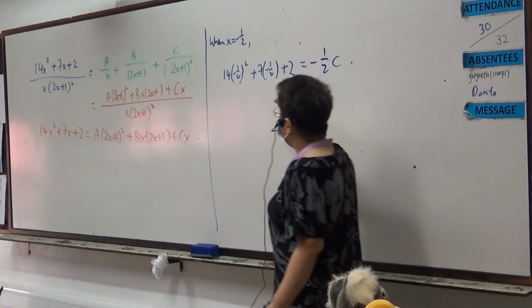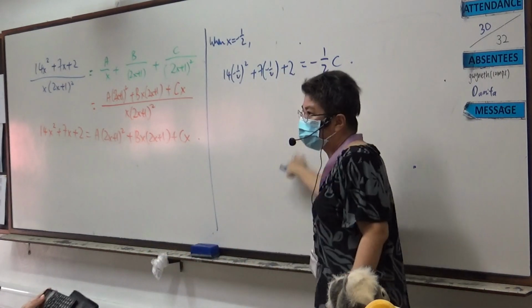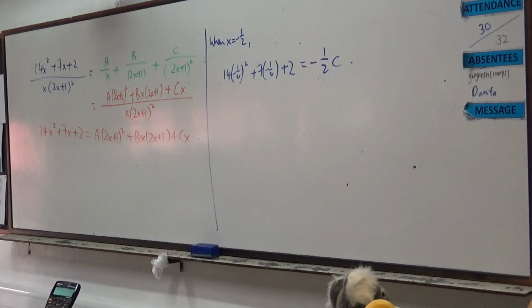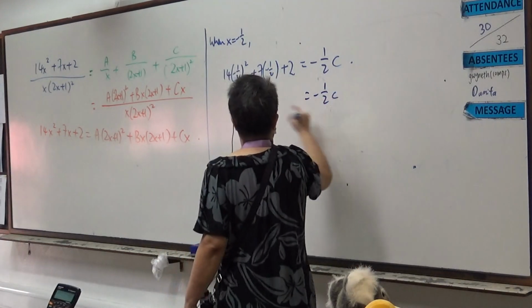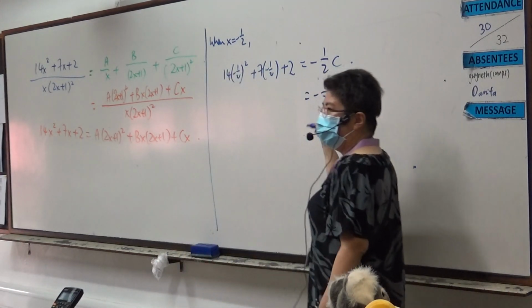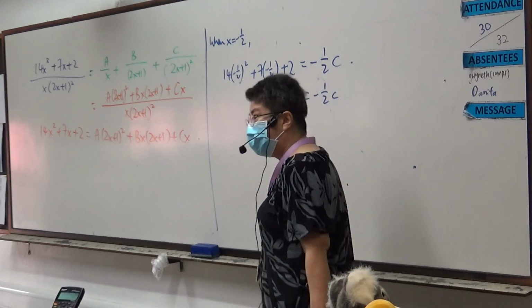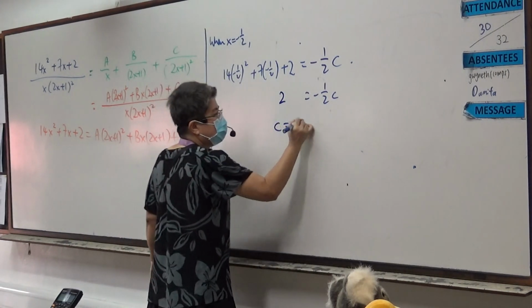Okay, so can someone key all this for me? What is this? I want this out. I don't want the half. What is this? 2. Okay, 2. So, C will be negative 4.